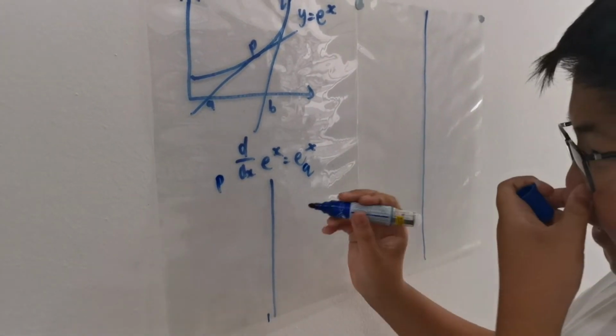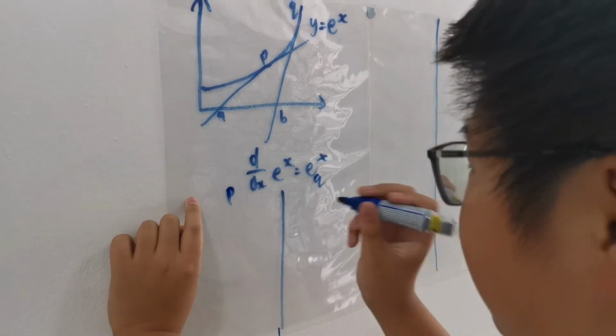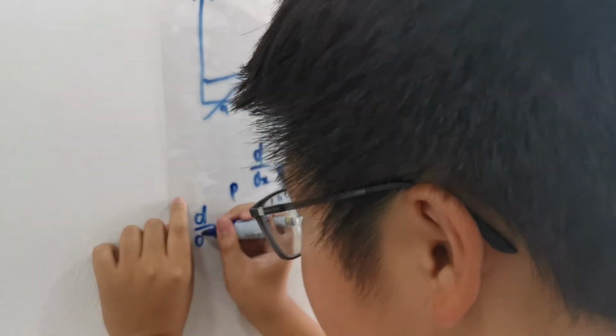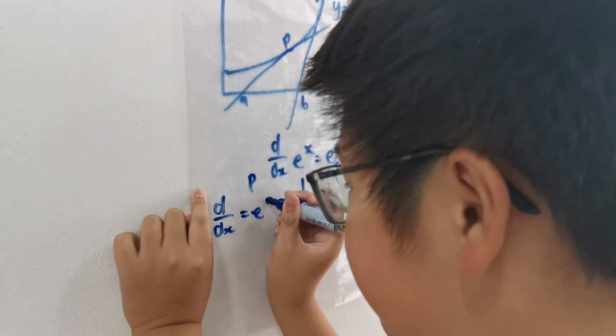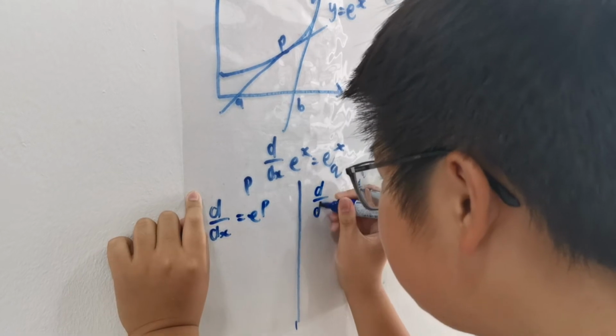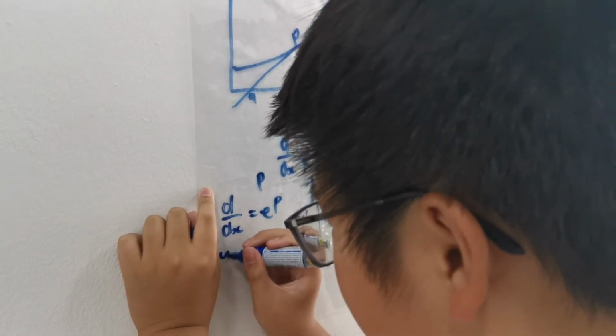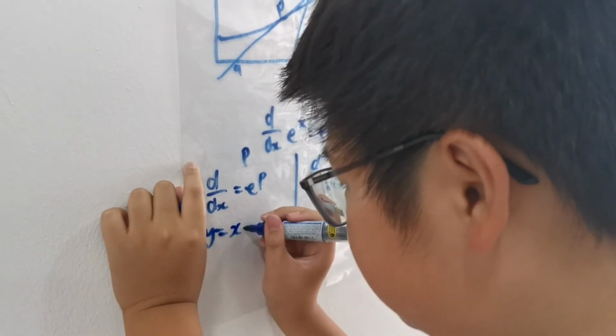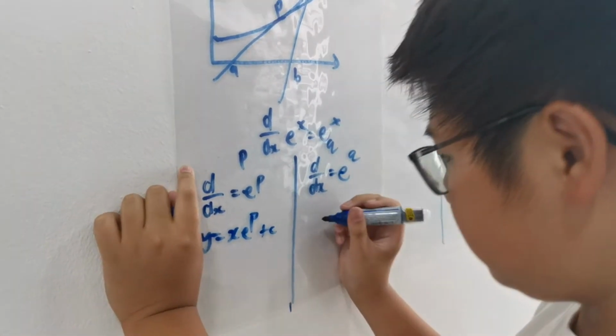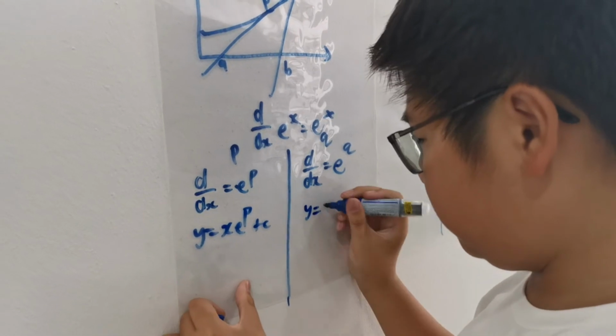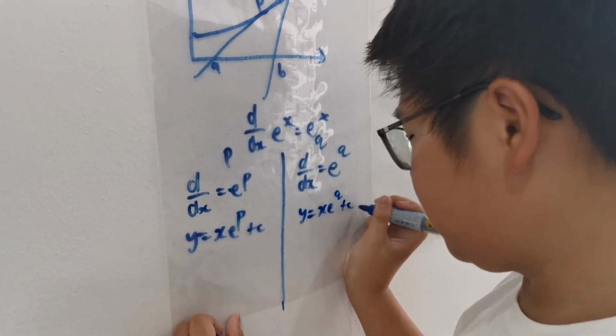Now, at P, we realize that dy/dx equals e^p. At Q, dy/dx equals e^q. y equals x e^p plus c. y equals x e^q plus c.